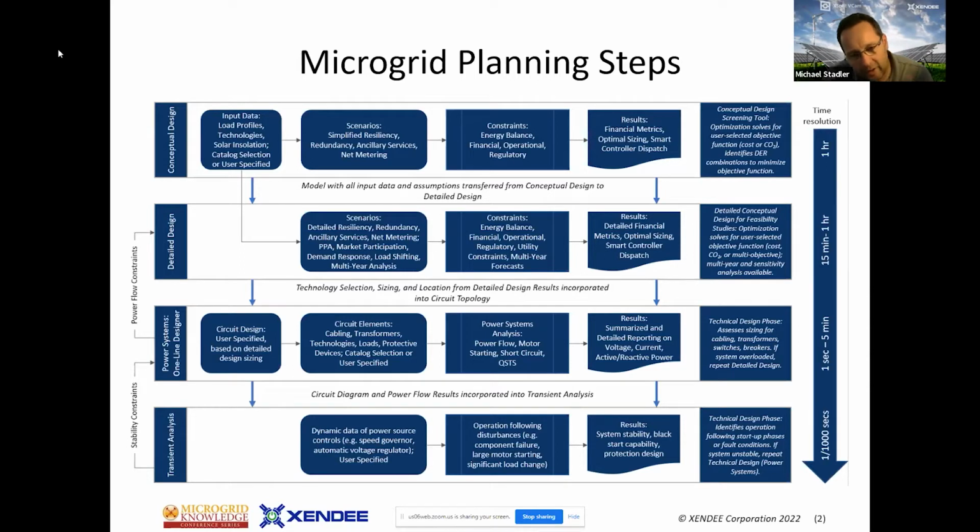Then you go into a more detailed design in which you consider changes over time, because if you want a very reliable result, then you probably have to model your microgrid 15 or 20 years into the future to make an assessment about changes and how this will impact your revenue stream. You can already start thinking about engineering capabilities here and features like very simple one-line diagrams and power flow.